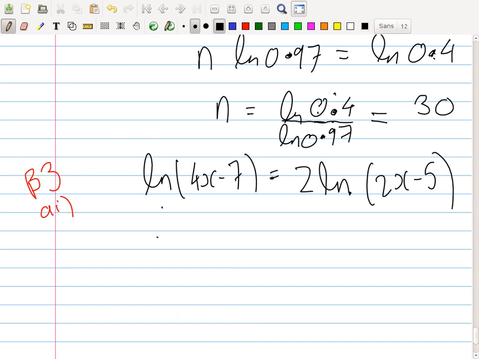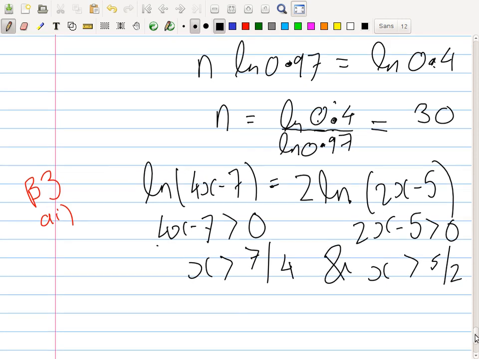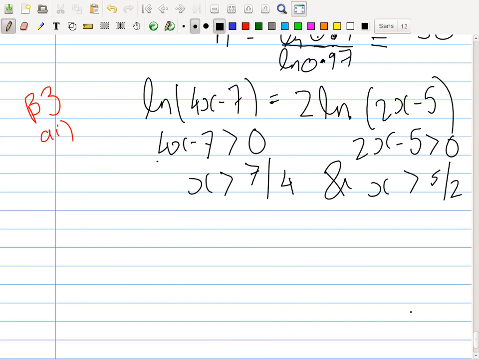So you're allowed to have 4x minus 7 greater than 0, and 2x minus 5 needs to be greater than 0. So that means x must be greater than 7 over 4, and x must be greater than 5 over 2. That's part 1 done. Part 2.